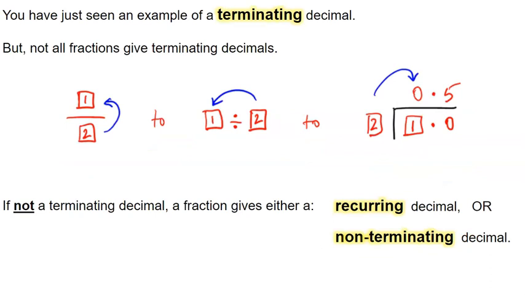What you've just seen is an example of a terminating decimal. This means by doing the division, there's a definite ending to the decimal value. In other words, the digits in the decimal column will not go on endlessly. If a fraction is not a terminating decimal, a fraction gives either a recurring decimal or a non-terminating decimal.